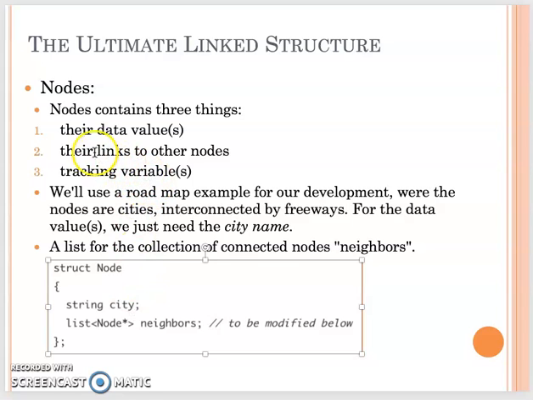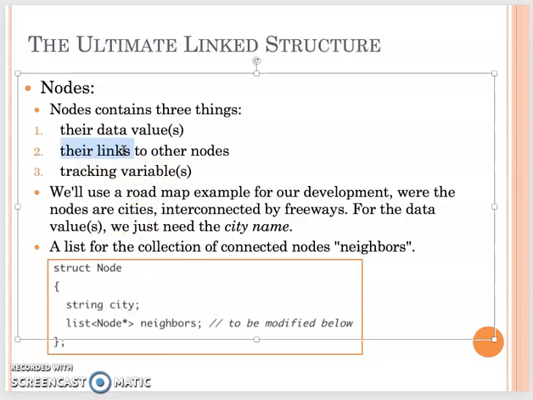So then let's think about the link. Like earlier we said, the links go to other nodes, right? So I may have multiple links. On the other hand, I do not have one data only. I need to have a group of data.